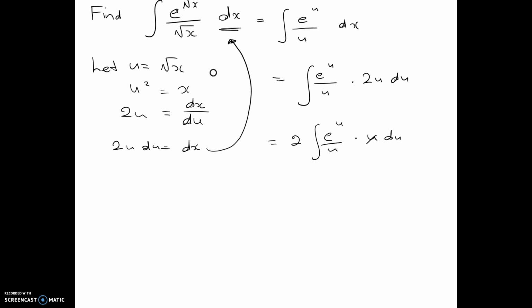And you'll see then that we can divide by u and cancel the u's out, and we're left with 2 times the integral of e to the u du, which is just plain e to the u. Now don't forget we need to replace the u with whatever it was, and in this case u is root x. Plus c.